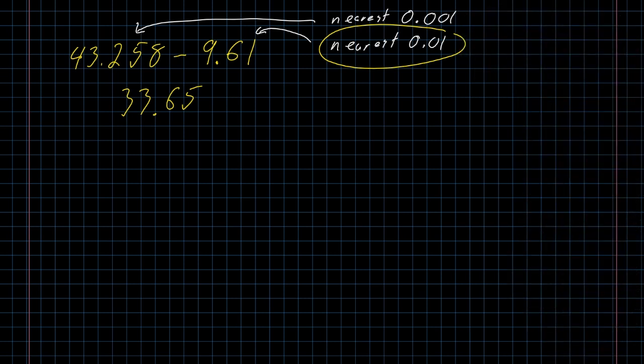When you are trying to do any other operation, the rules change. So let's go ahead and take a look at the other rule of approximate values, which is called the accuracy rule.